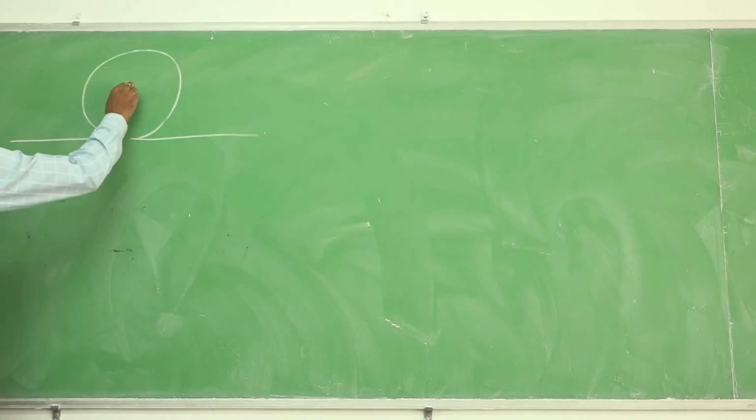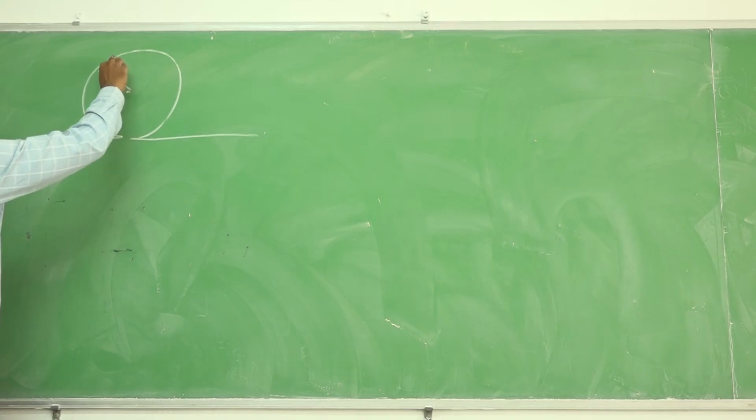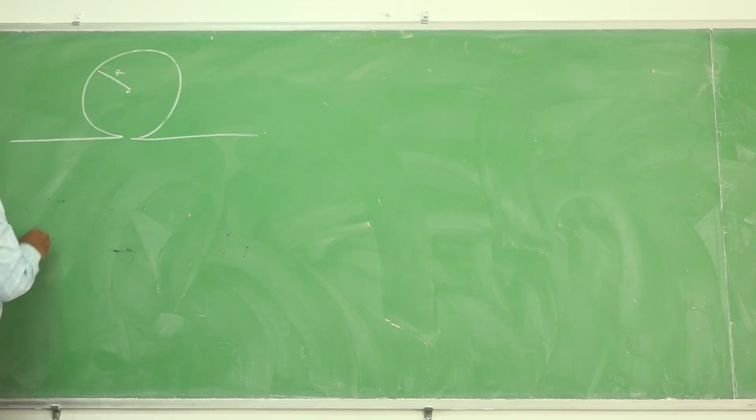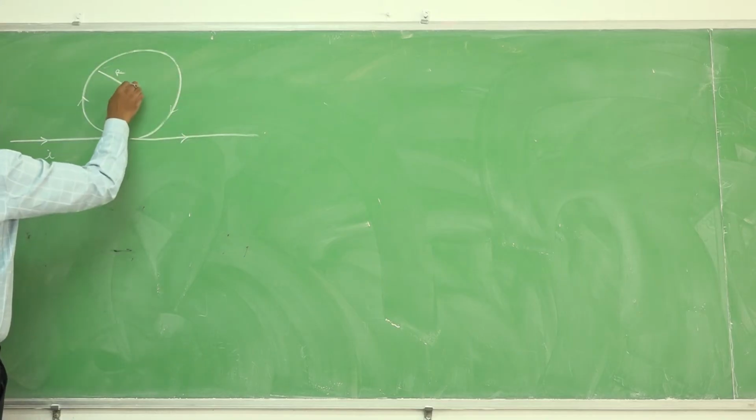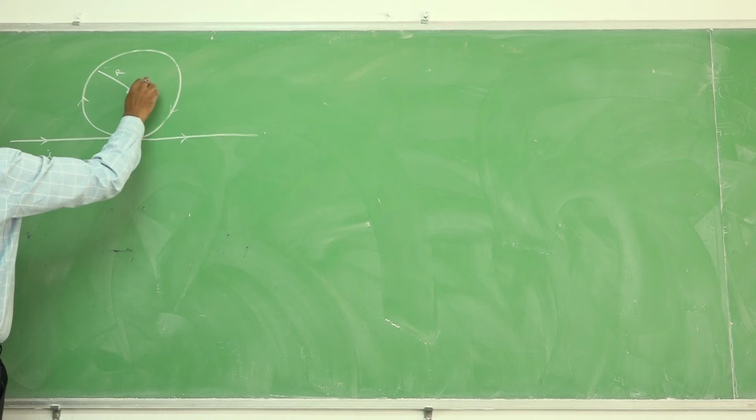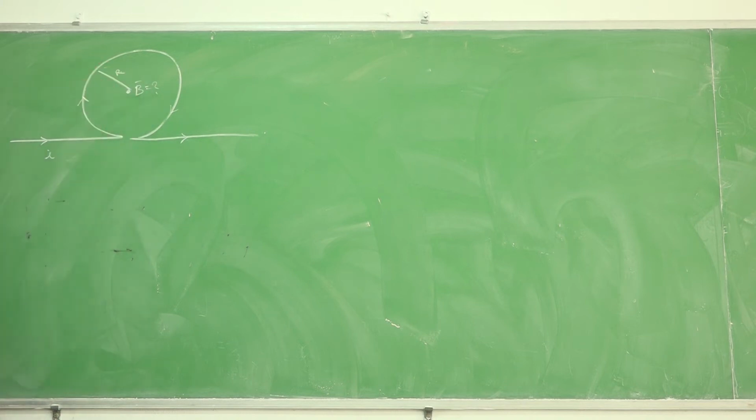Here it is a circular loop of radius r. It is carrying a current I. The current is going like this and moving like this. You are asked to find the magnetic field at the center of the loop.